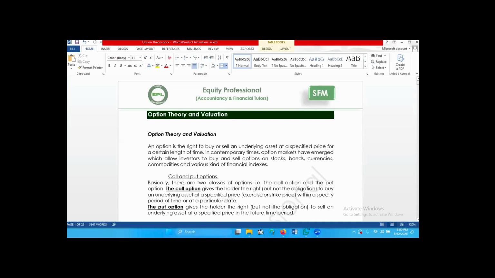The second point is, if you watch the last two diets, the examiner was looking at this topic. If you check the last two diets, the compulsory question was on option theory.